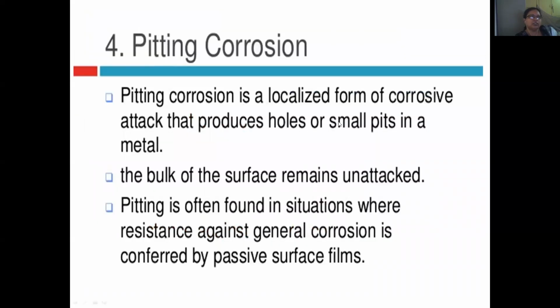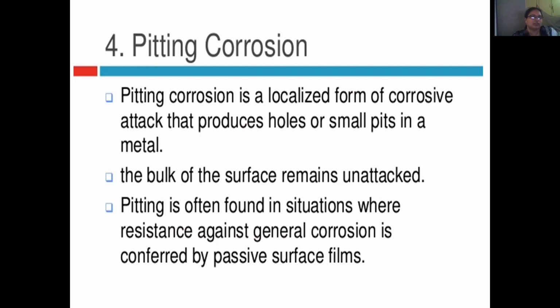Then coming to the third part, that is pitting corrosion. Pitting corrosion is a localized form of corrosive attack that produces holes or small pits in the metal. The bulk of the surface remains unattacked. Pitting means which has pits or holes in it.